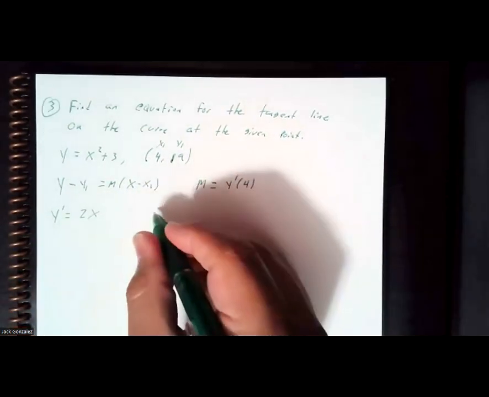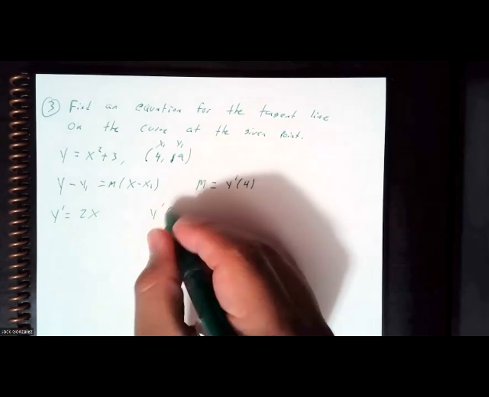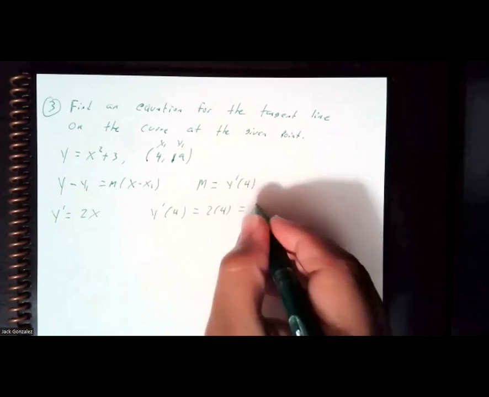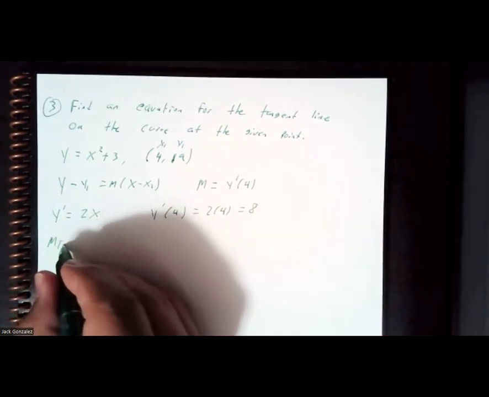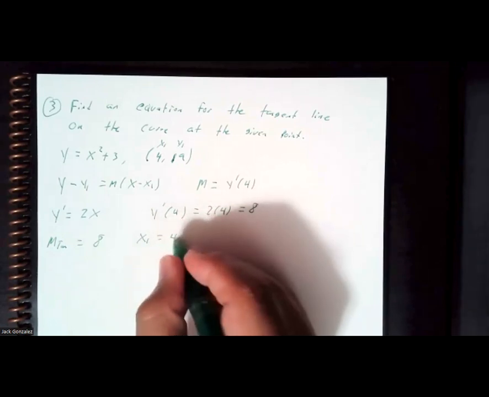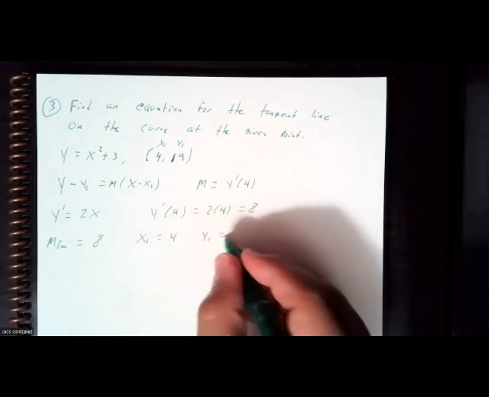So first thing we need is the derivative, then the derivative at 4. So m, I guess we call it m tangent, is equal to 8. X1 is 4. Y1 is 19. So just plug in the formula and we're pretty much done.